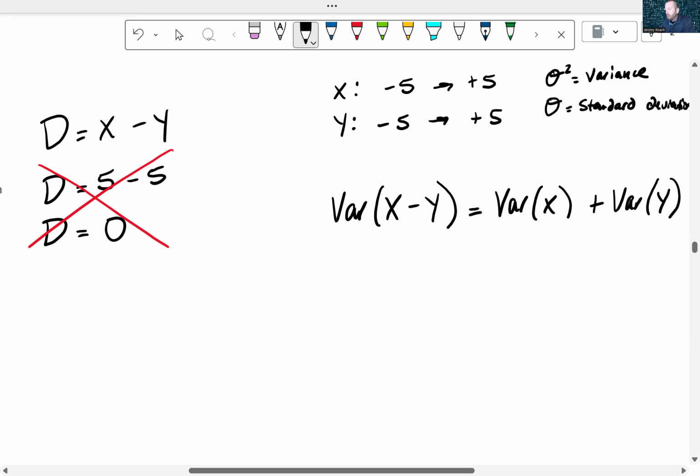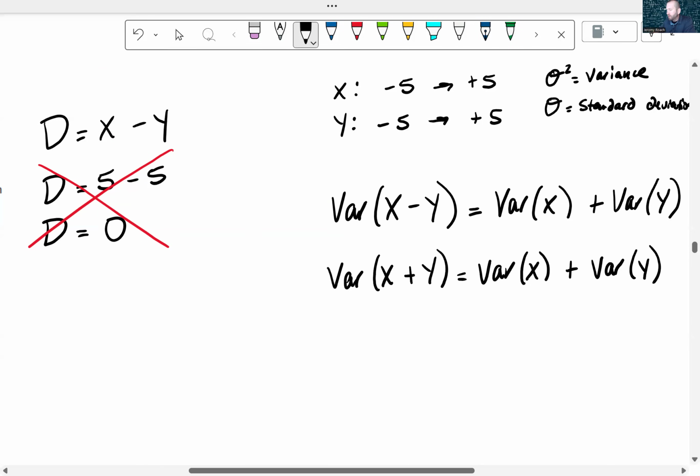Also, if we wanted to add the variables, the same equation is true because both variables still add randomness to the result. So we still get the variance of x plus the variance of y.